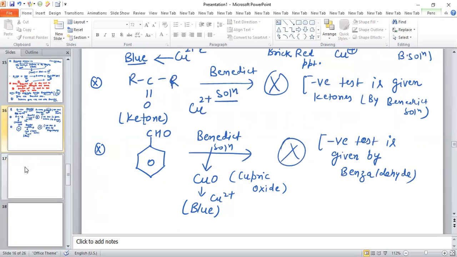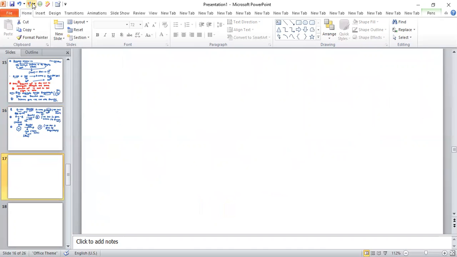Now you can easily compare the two solutions. I am making two columns.